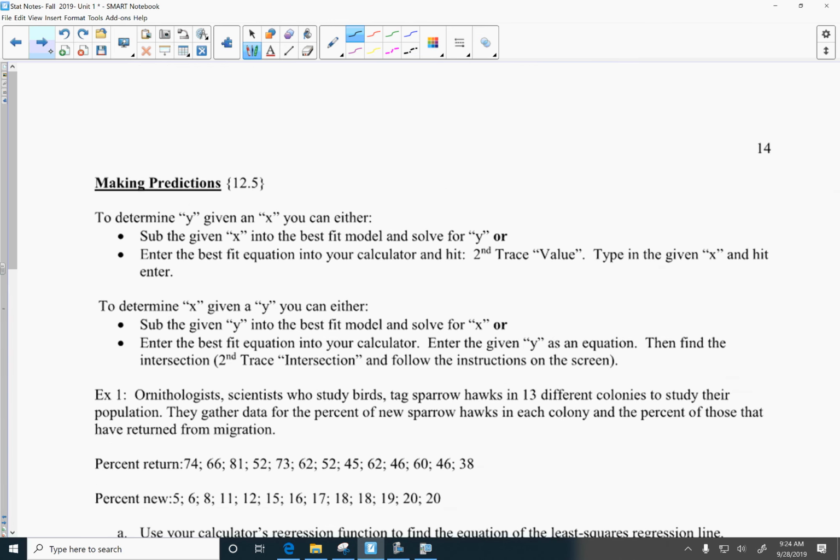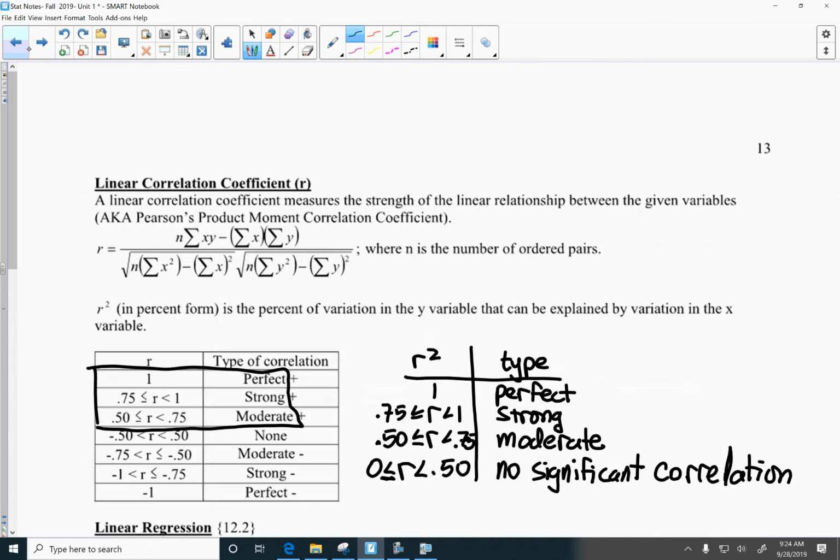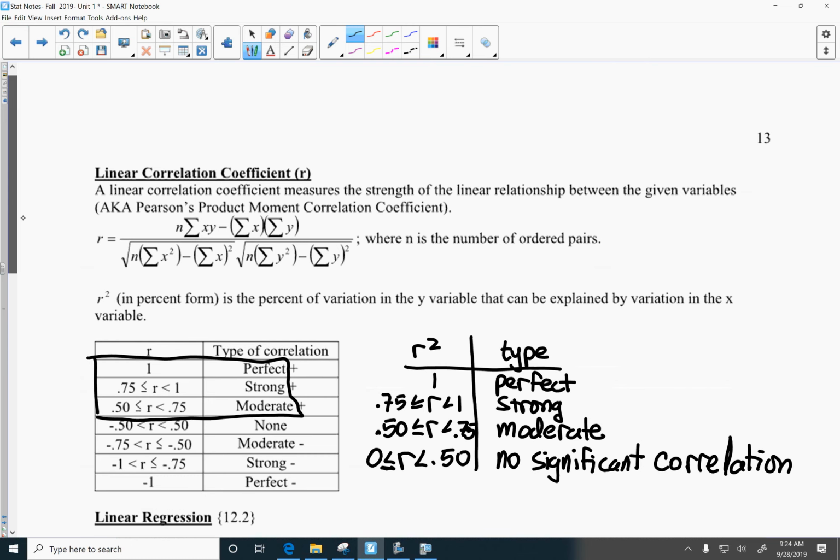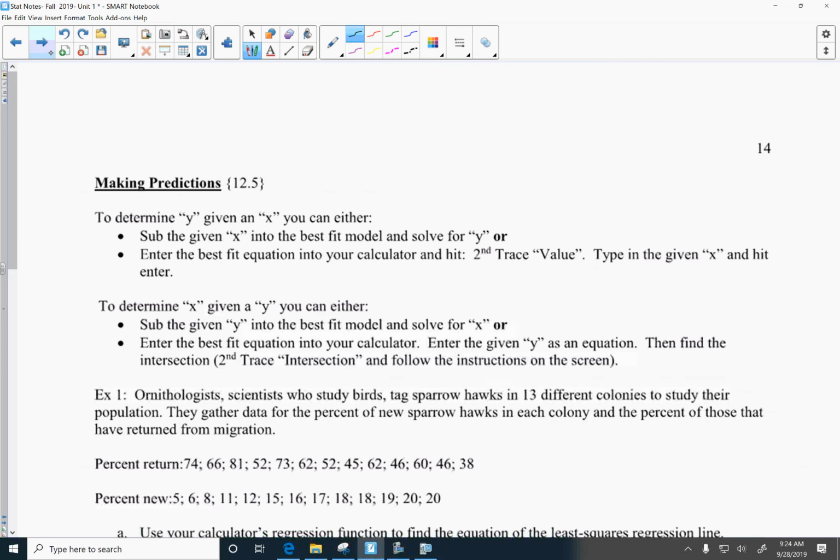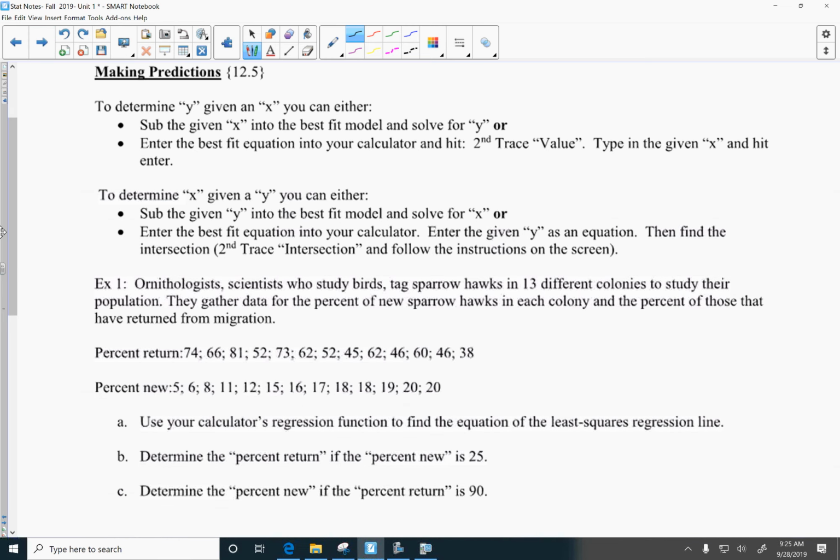So let's tackle an example. I used to have an example here that I did edit. I'll talk about making predictions in a sec. I put this in the wrong spot. I don't know why I say that, because this example doesn't talk about making predictions. Well, it kind of does. Yeah, actually it does. I saw percent, and it's a new example. So anyway, I'll talk about this in the context of the example.